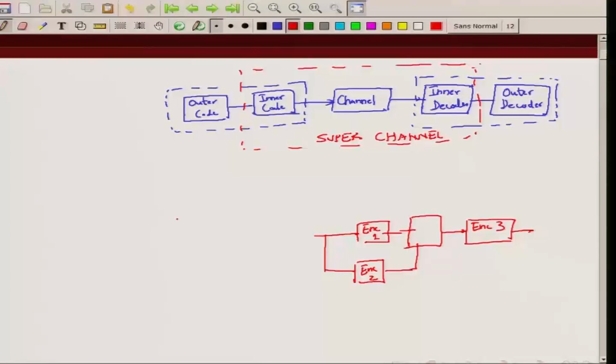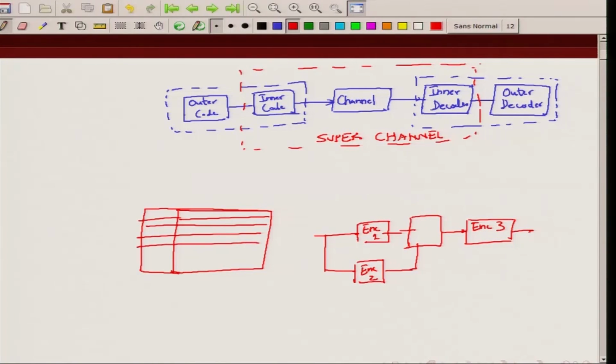There is a configuration which is called a product code. So, you have, let us say, k cross k information bits, you add some parity bits corresponding to each of these k bits, and then you can read this information sequence column wise also, and you can add parity bits corresponding to these columns. So, you can have codes like this.